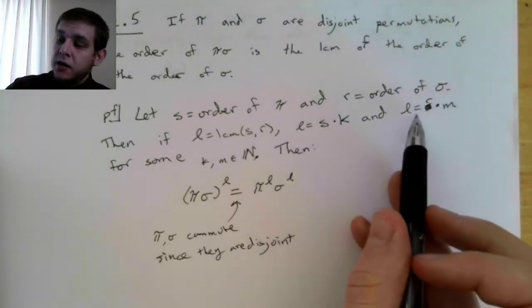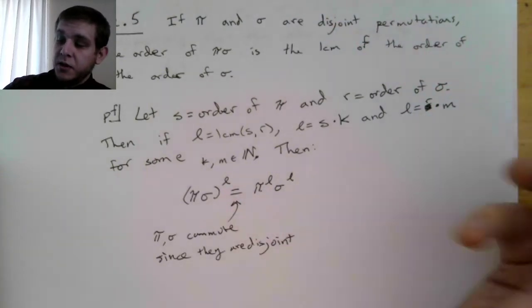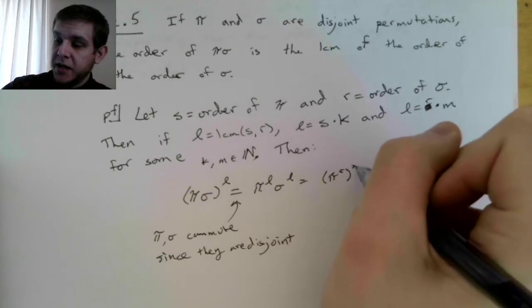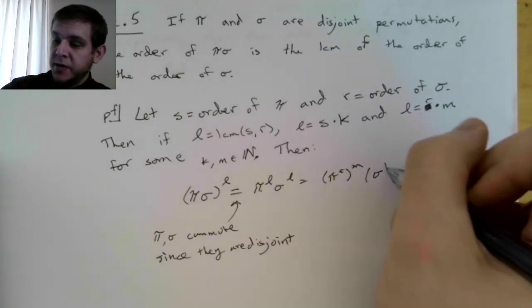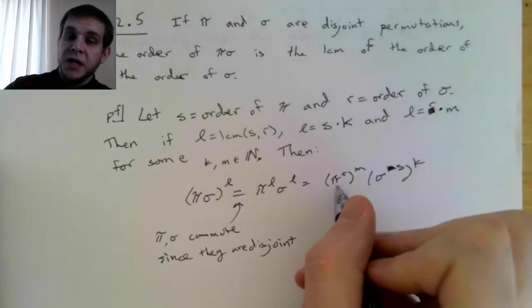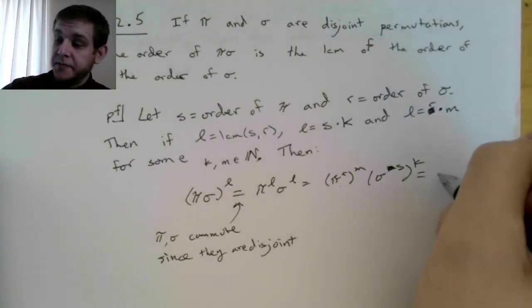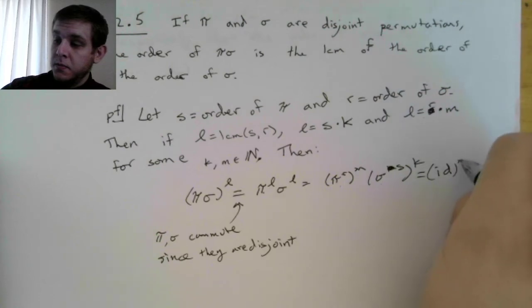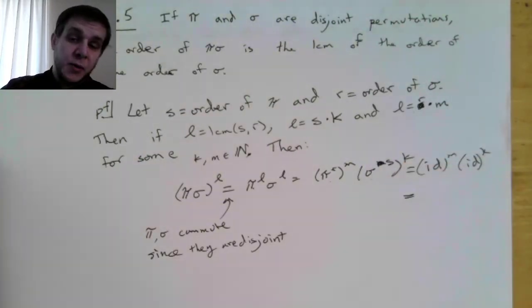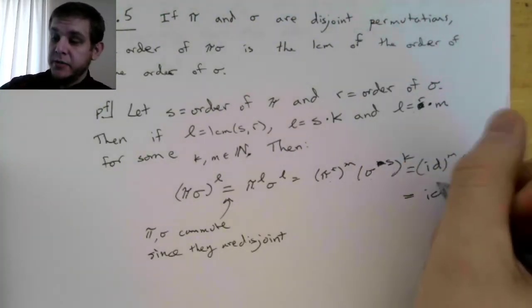But pi to the L is, well, L is r times m. So this is pi to the r to the m, sigma to the k, to the s to the k. And these are both the identity transformations. So when I compose the identity with itself, no matter how many times I compose it, I end up with the identity.